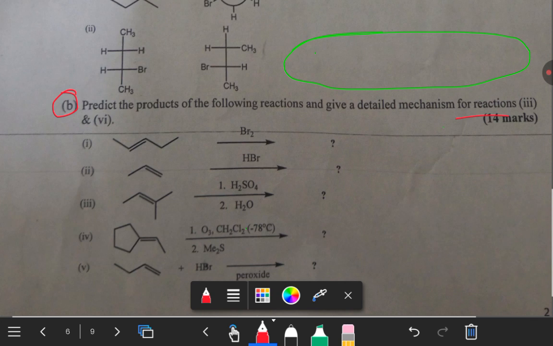Predict the product of the following reactions and give detailed mechanisms for reactions 3 and 5. So our reaction is this one, which we are concentrating on. This is ozonolysis. So let's solve this particular exam question.